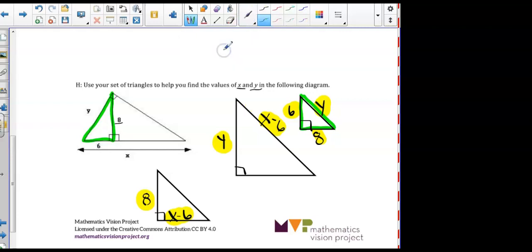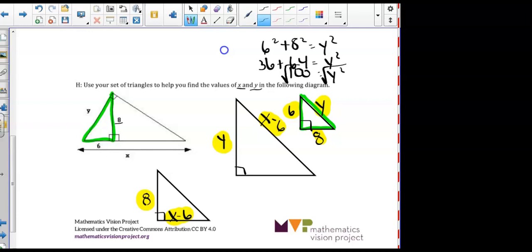So if we look at this triangle, we already know the Pythagorean theorem. 6 squared plus 8 squared will give us y squared. So we know that we can find that missing side length by solving for y. And the square root of 100, y should be 10. We also call that a Pythagorean triple, 6, 8, 10.